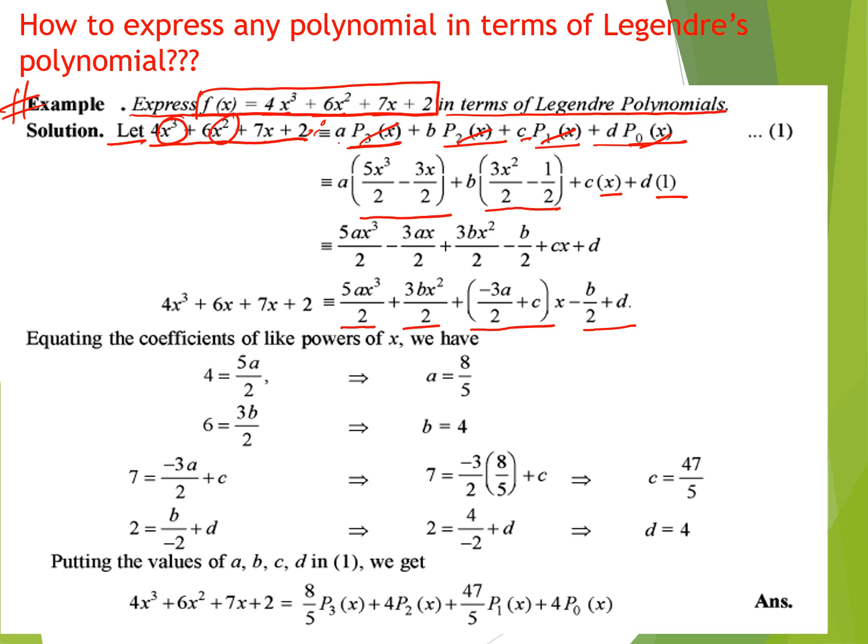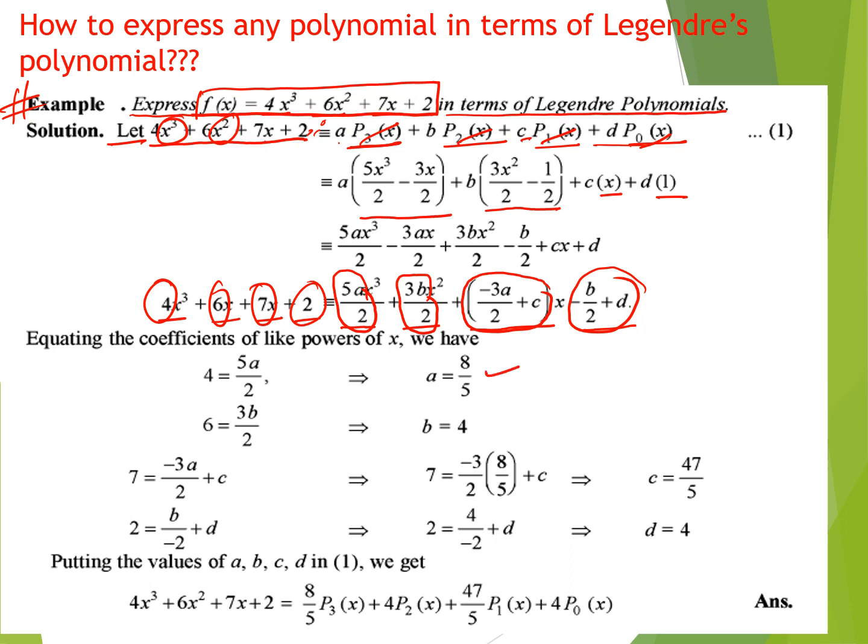Now when we compare this with the same order of x on the left side, the function given in the problem, we find that 4 is equal to 5a by 2. Similarly, 6 is equal to 3b by 2, 7 is equal to minus 3a by 2 plus c, and 2 is equal to this value. Now we simplify.